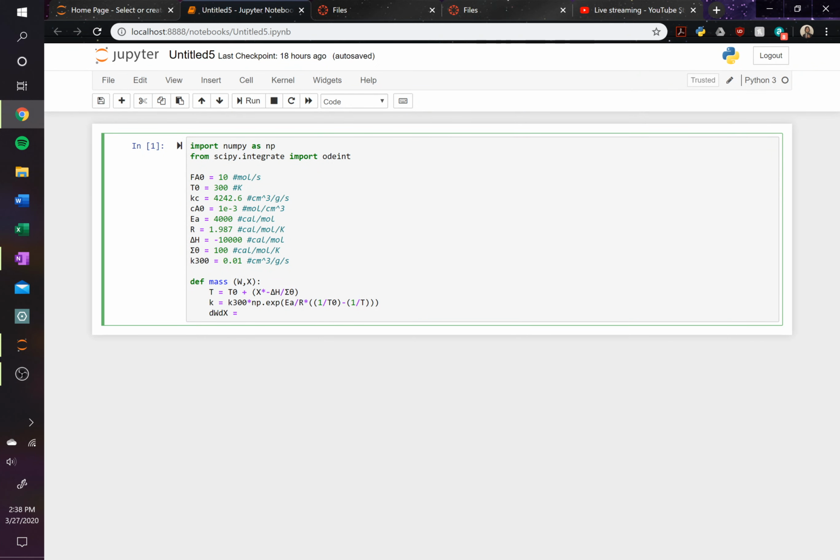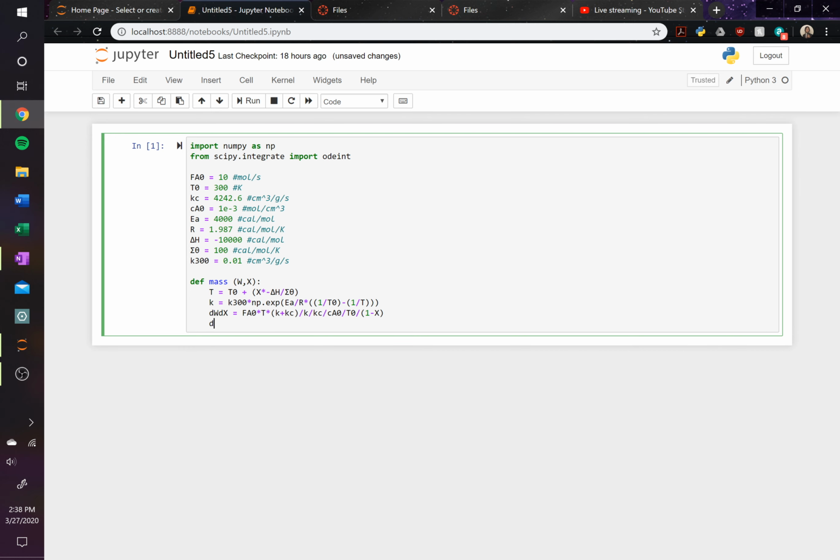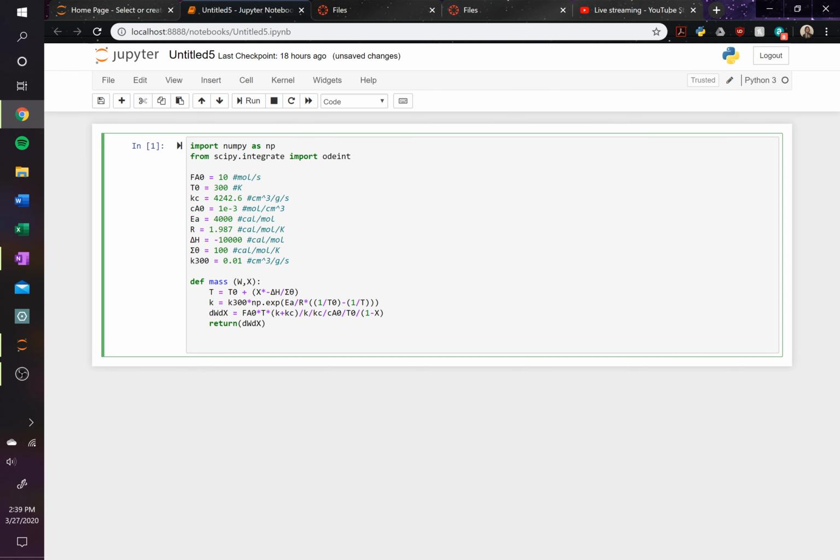That's actually what's going to be solved for. So I've got FA naught times T, 1 over K plus KC, over K over KC, over CA naught over T naught over 1 minus capital X. And then returning that. All right, so that sets up the function.